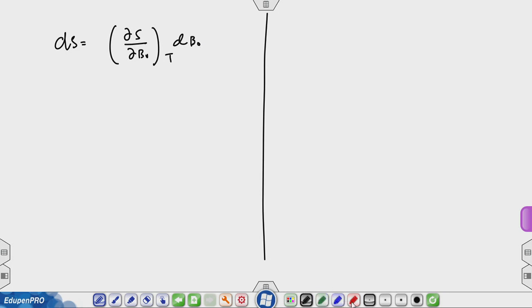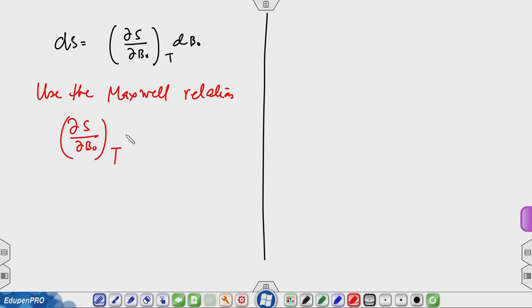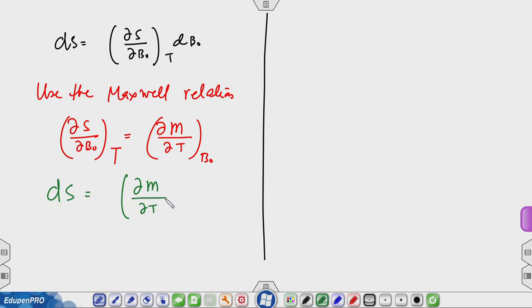Now use the Maxwell relation derived in the previous problem, partial S partial B0 at T is equal to partial M partial T at B0. So you have dS equal to partial M over partial T at B0 dB0.